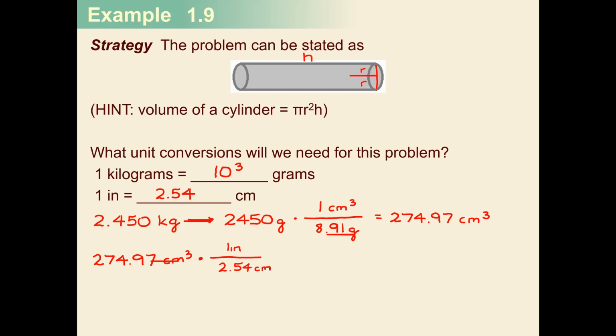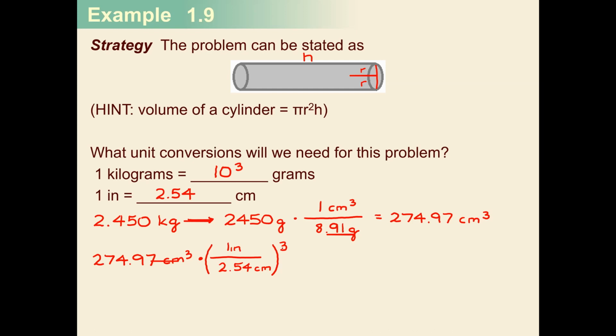But notice that I don't have unit consistency. In this case, I only have centimeters, not cubic centimeters. So what I'm able to do is cube this entire unit conversion. This means that I would get cubic inches and I would get cubic centimeters.